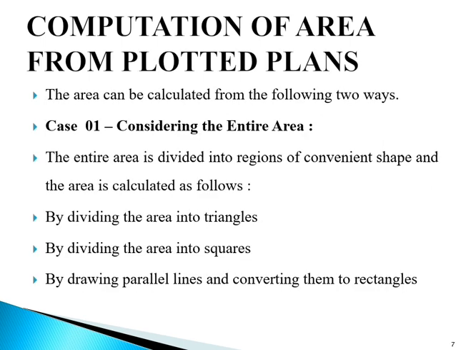Next is computation of area from plotted plans. The area can be calculated in the following two ways. Case 1, considering the entire area. The entire area is divided into regions of convenient shape, and the area is calculated by dividing the area into triangles, by dividing the area into squares, or by drawing parallel lines and converting them to rectangles.